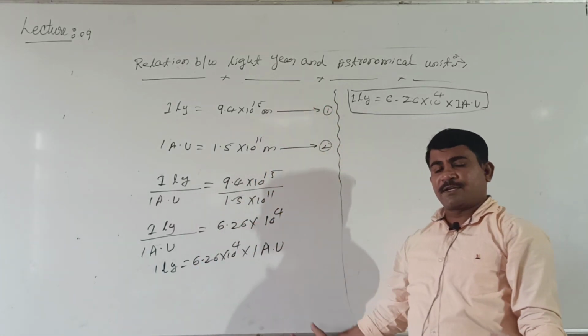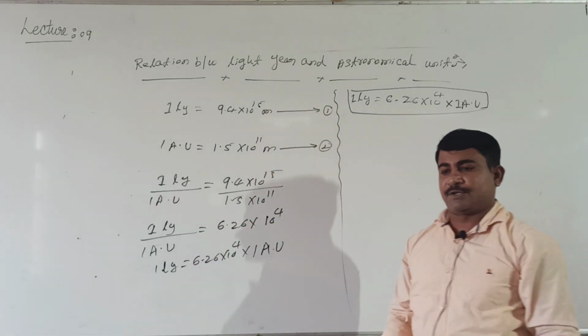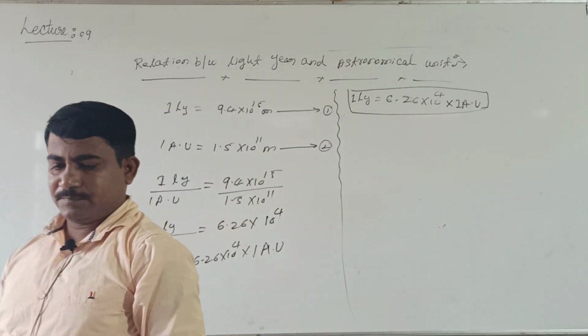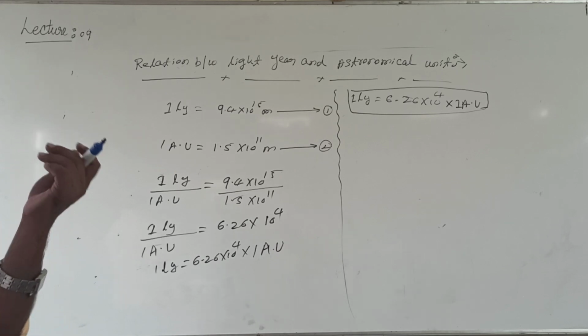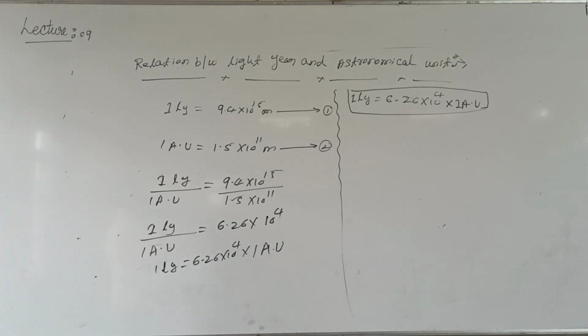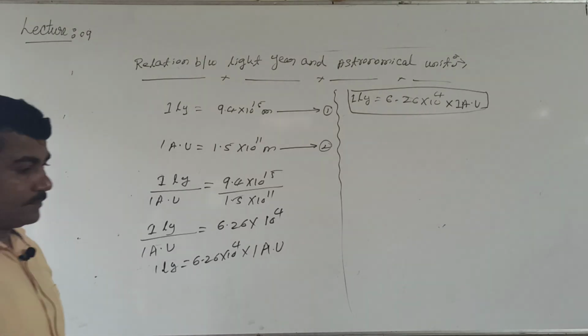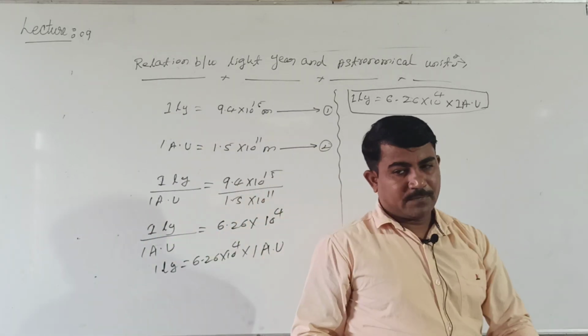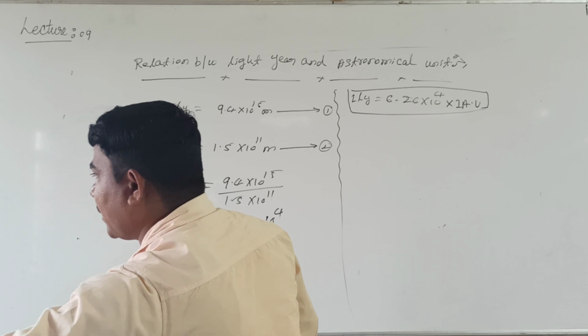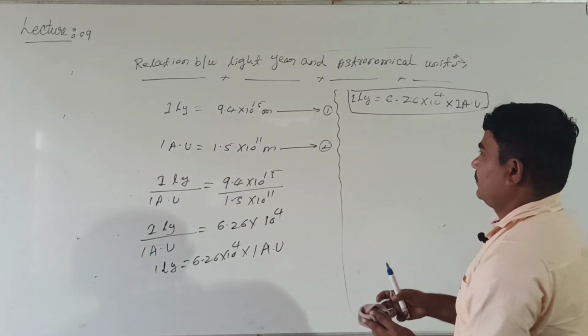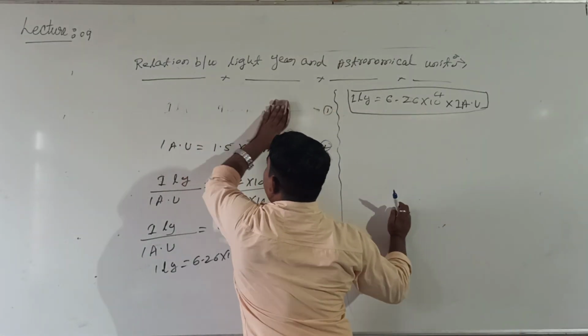So let us see this relation for a few seconds. We will start one more relation. Now, let us see one more relation between parsec and 1 astronomical unit.